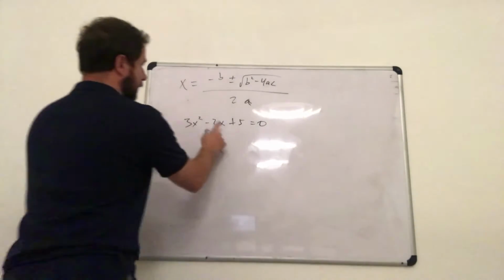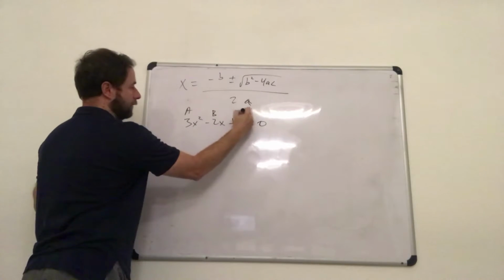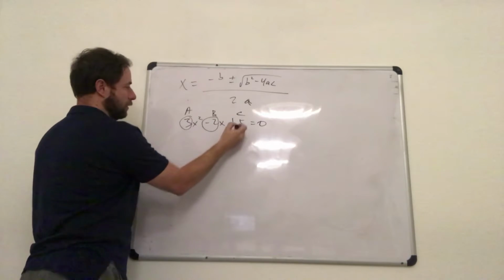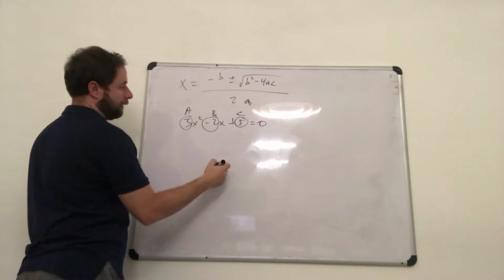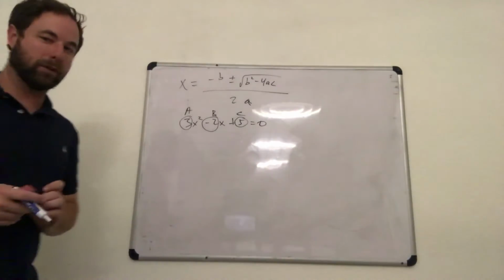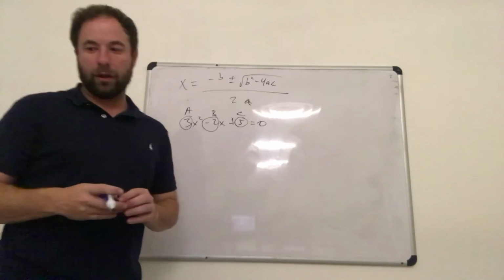Now, you can take this and plug it into here. This is the a, this is the b, and this is the c. So a is 3, b is negative 2, and c is positive 5. Now, you can plug this in and solve for it. Doubt you're going to do that because your calculator's going to do that for you. So you plug it into a formula on your calculator and solve for it.